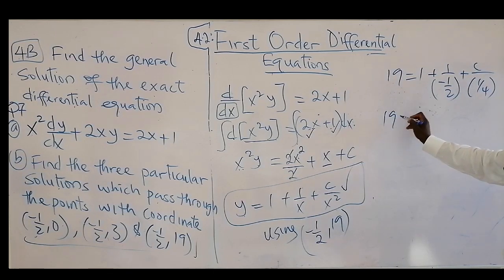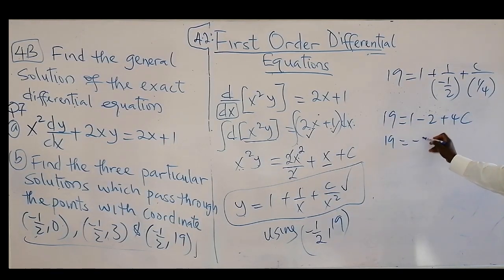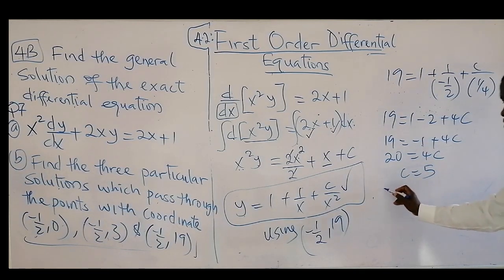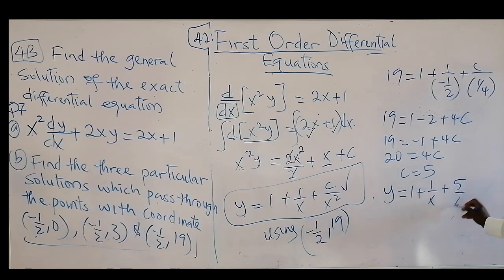So we have 19 equal to 1, and then minus 2, and then plus 4c. Then this will be 19 equal to minus 1 plus 4c. Move this one to the other side, we have 20 equal to 4c. So c is 5. So the third particular solution will be y equal to 1 plus 1 over x, and then plus 5 over x squared. And that finished that question.